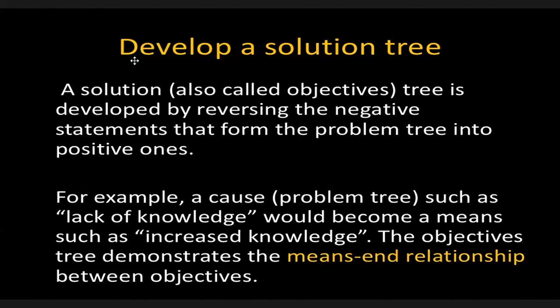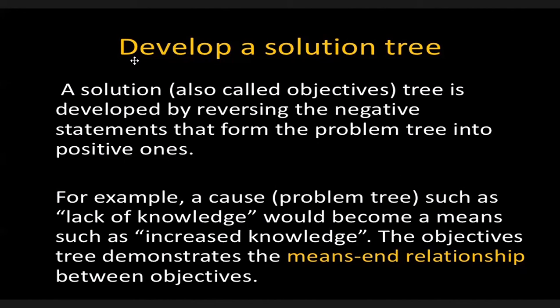On the other hand, the counterpart of that problem tree is a solution tree. Solutions are also called objectives, so it is called an objectives tree. A solution tree is developed by reversing the negative statements from the problem tree into positive ones.